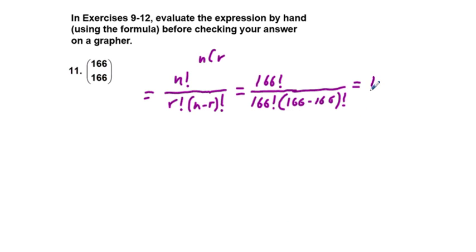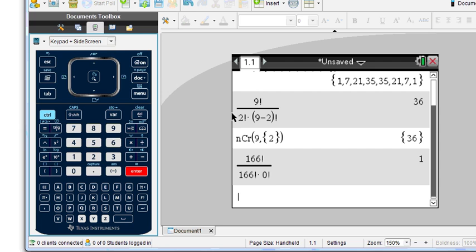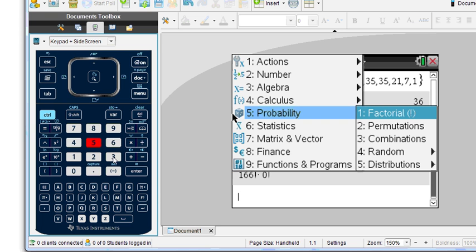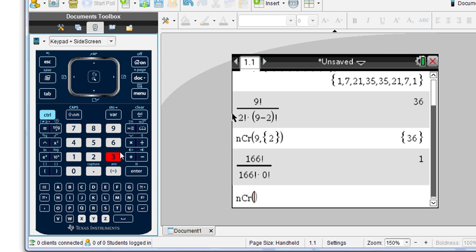Okay, so we go over here to our, oops, wrong exercise, equals 1. We can go to our calculator again, use this NCR thing. You'll see that it's not too much less involved here. So n is 166, right? And we go comma, and we go to our brackets.